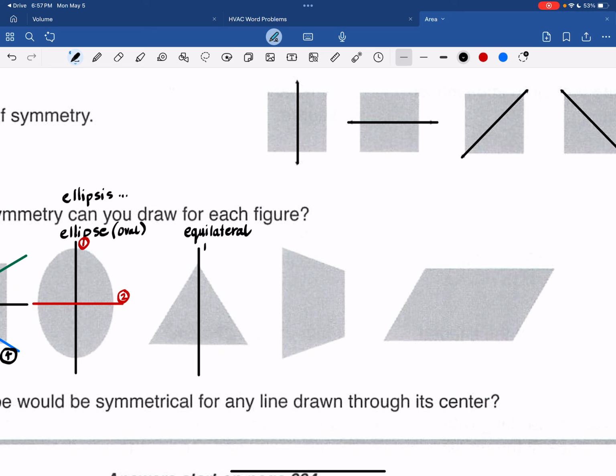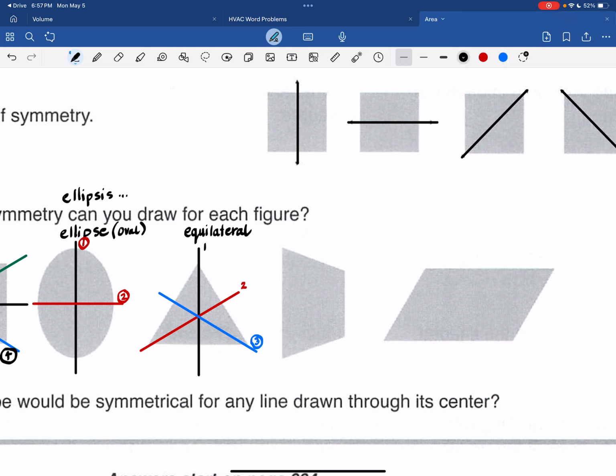You can also go right down the middle because it's equilateral. You could cut it this way. That's 2. And then you could cut it this way. This one's going to be the tricky one for me because I'm drawing against the grain. Let me try it this way. Yes, there is the third one. So an equilateral triangle has 3 lines of symmetry.